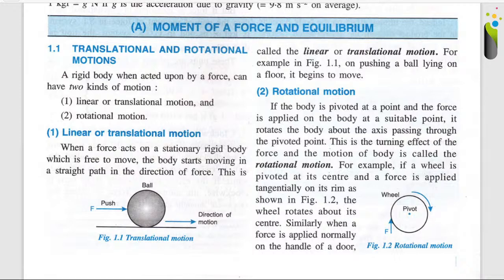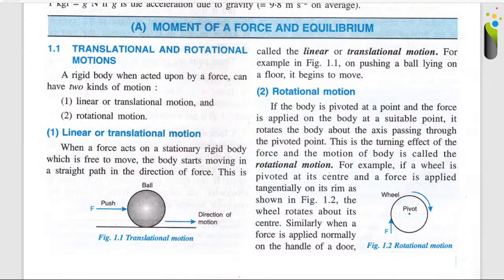Second is the rotational motion. If the body is pivoted at a point and the force is applied on the body at a suitable point, it rotates the body about the axis passing through the pivoted point. This is the turning effect of the force, and the motion of the body is called the rotational motion.